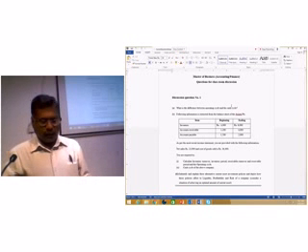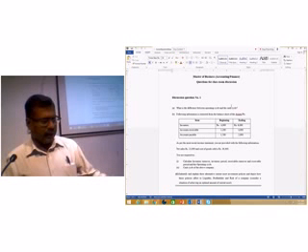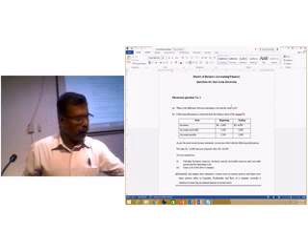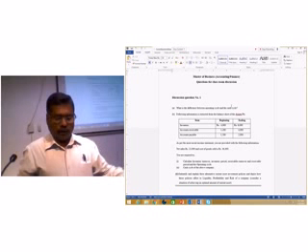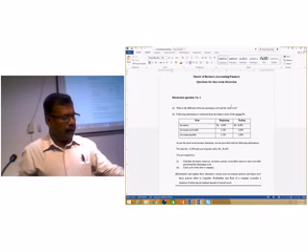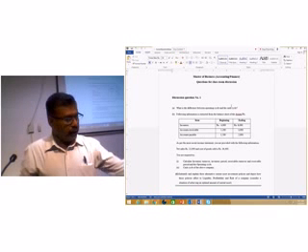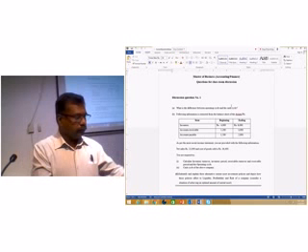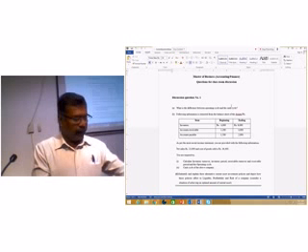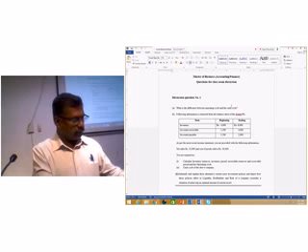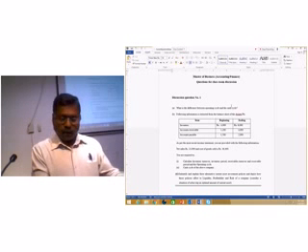The first question: what is the difference between operating cycle and cash cycle? We have discussed working capital management, and this question is related to the calculation of operating cycle and cash cycle.